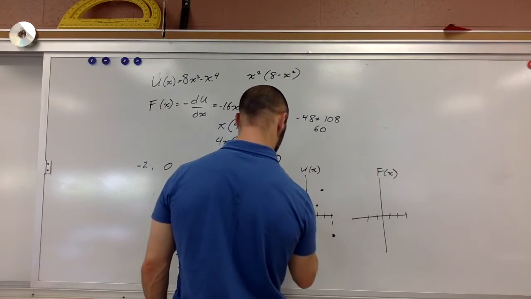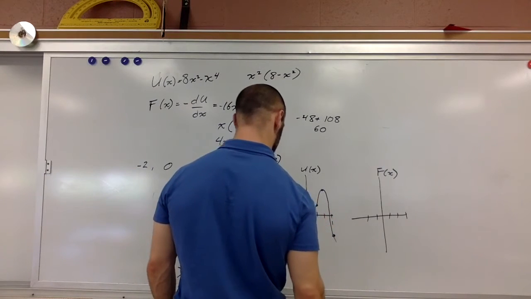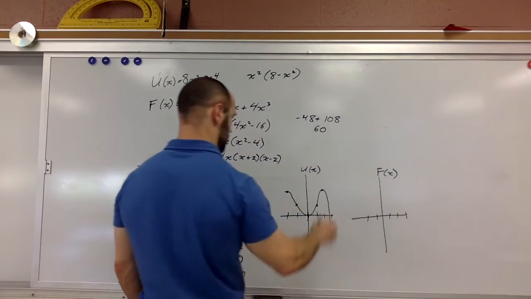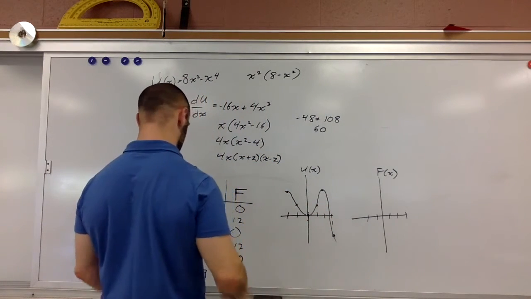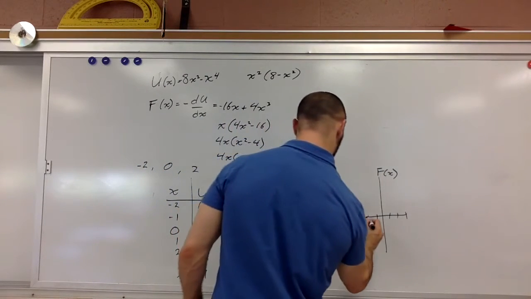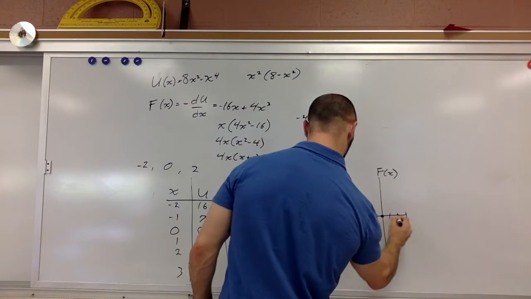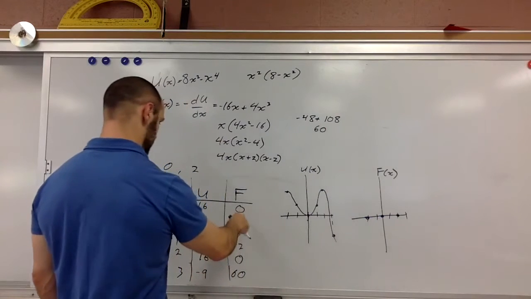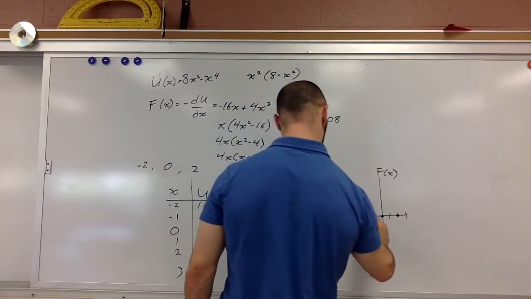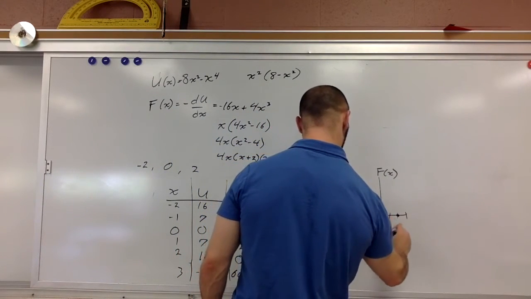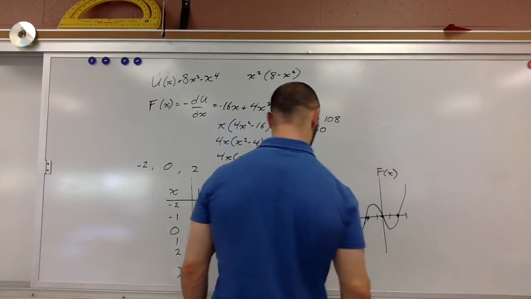So it looks like it's doing something like this. For the force graph, I've got zeros here, here, and here, and it goes positive, negative, positive, something like that.